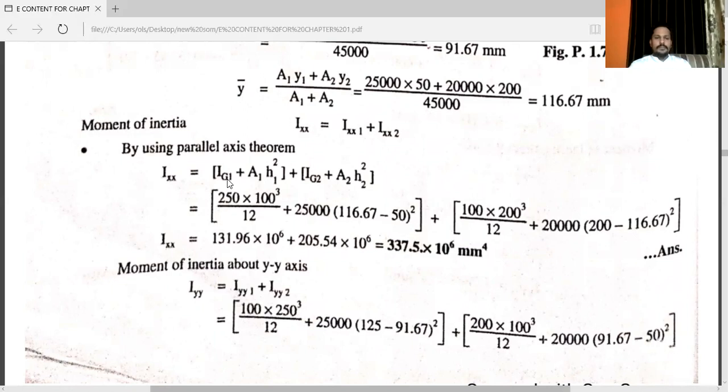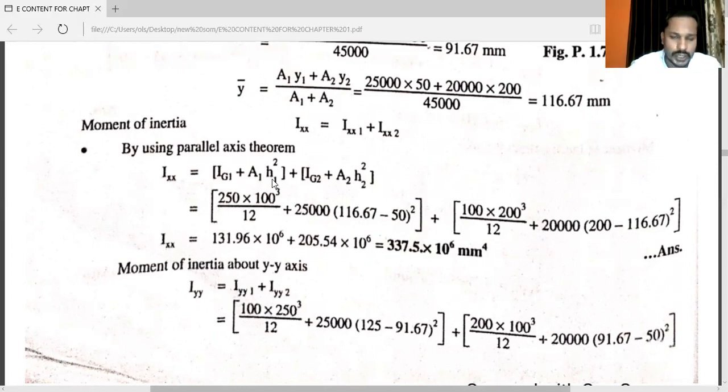See, area 1, already we have the value of area 1, but the important thing is that distance h, that is very, very important, that I am going to explain to you. See the cursor locations, automatically you will get how this distance h is coming.